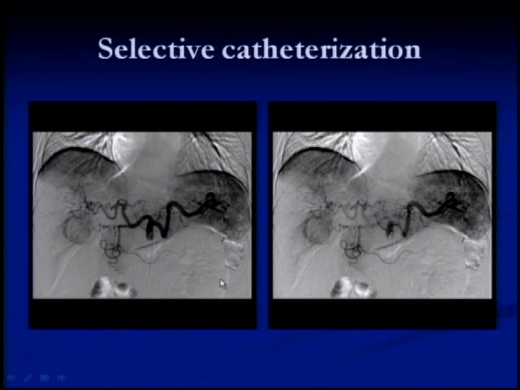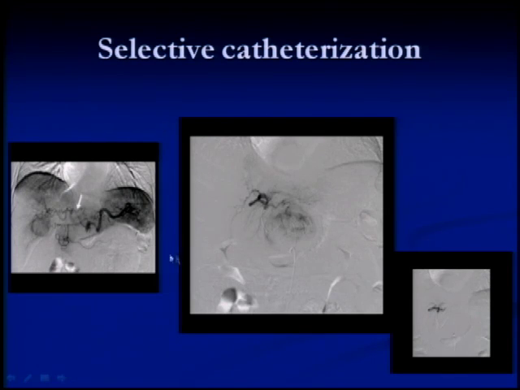Again, to show another example, a main celiac axis run shows these multiple tumors in the liver. This is a little bit later phase, which again shows how the tumors light up. As you see, there is one tumor in the left liver, so we try to go into this small branch which is supplying the tumor.